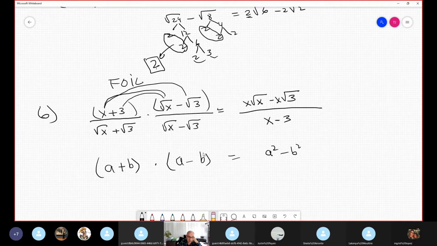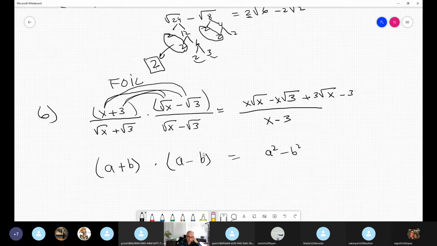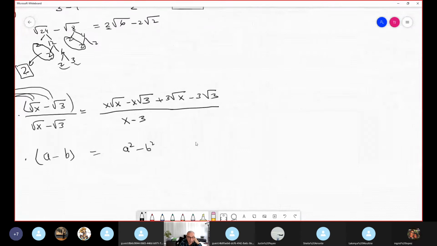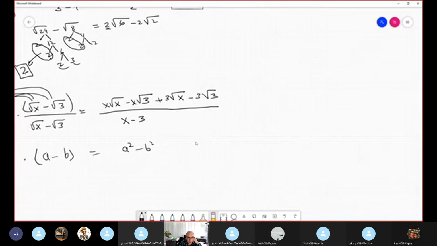And this is plus 3 radical x. And the last one is this and this, which is minus 3 radical 3. We can combine, of course we can combine. We can always combine when you have the same radical. I discovered here the same radical, look.